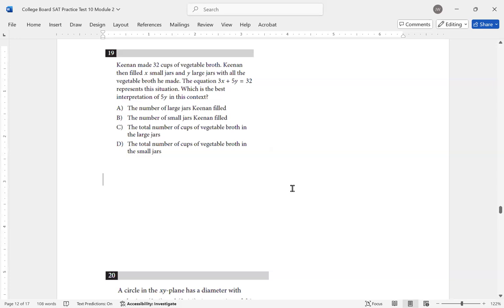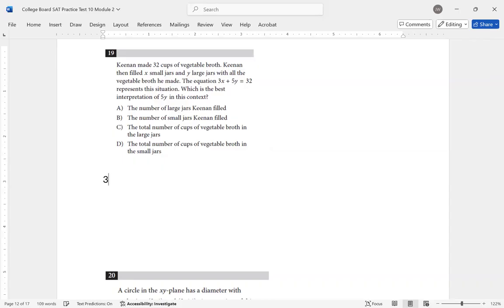Question 19. Keenan made 32 cups of vegetable broth. Keenan then filled x small jars and y large jars with all of the vegetable broth he made. The equation 3x plus 5y equals 32 represents this situation. Which is the best interpretation of 5y in this context?